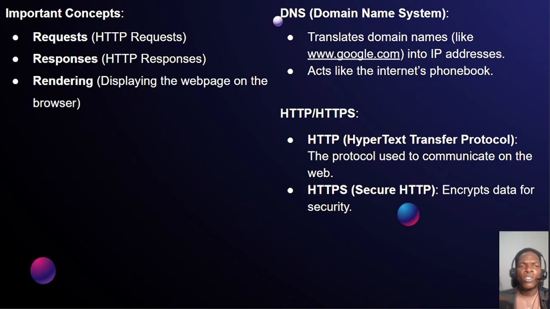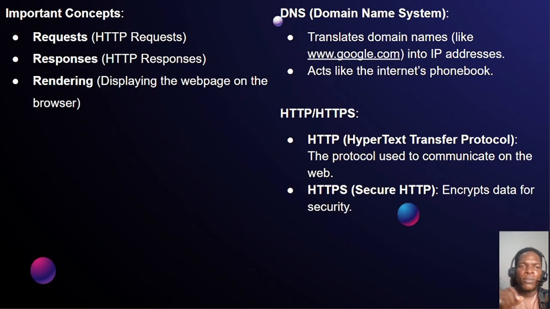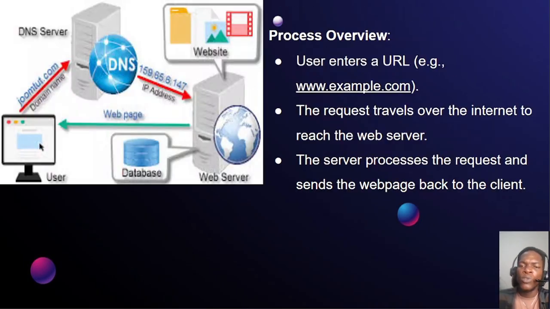So what are the important concepts we have? We have the HTTP request, which is that www dot whatever dot com you have sent. It is a request you are sending, and you get a response. When you send it, they search for the website, get all the website's files and the database information, and send it back to you.